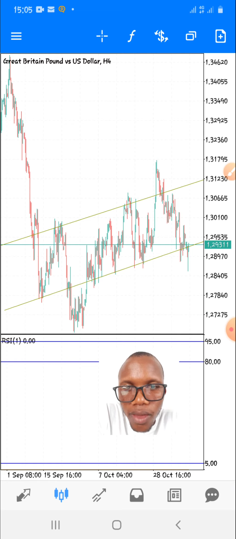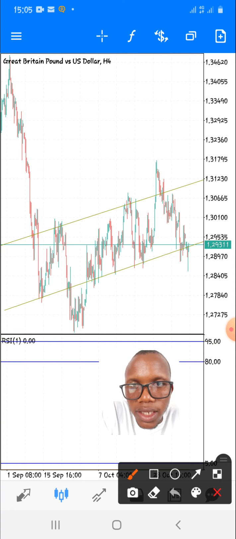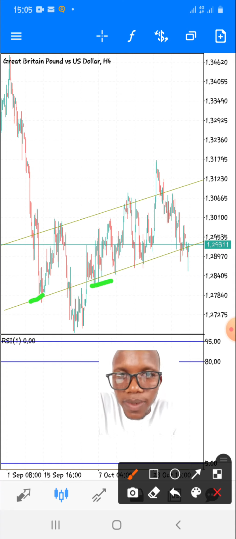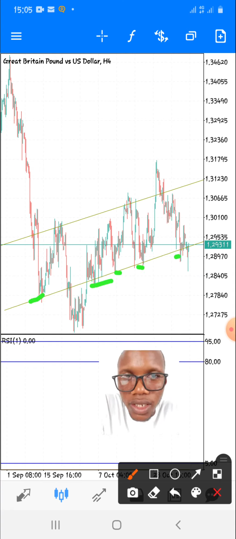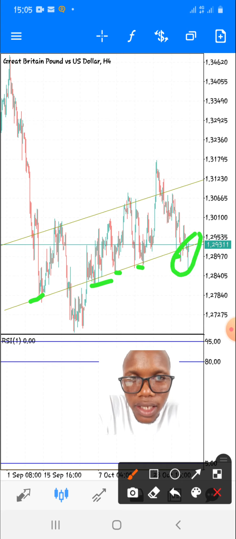So you can see here the market has been testing the trend, respecting the trend. You see here multiple breakouts. So now the market has broken the trend line in this area.